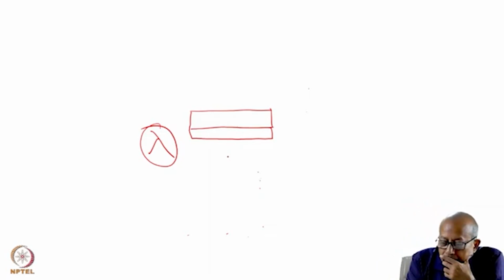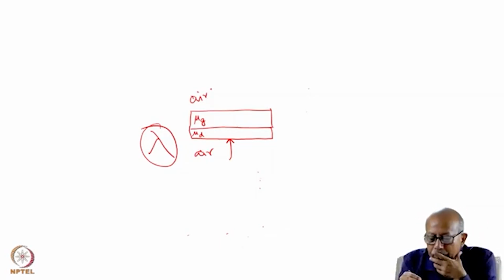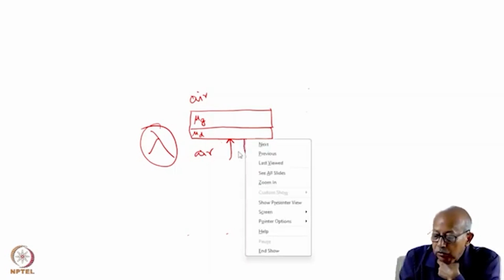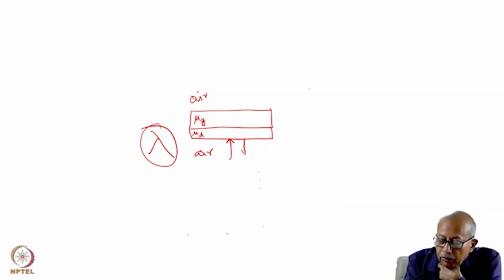So now, the light shines on it. This is air, and this is the dielectric material of some refractive index, n_d. This is glass. The refractive index of air is, of course, 1. Now, as light shines on it, depending on its refractive index and air's refractive index, according to Snell's law and Fresnel's calculation, a fraction of light will be reflected.